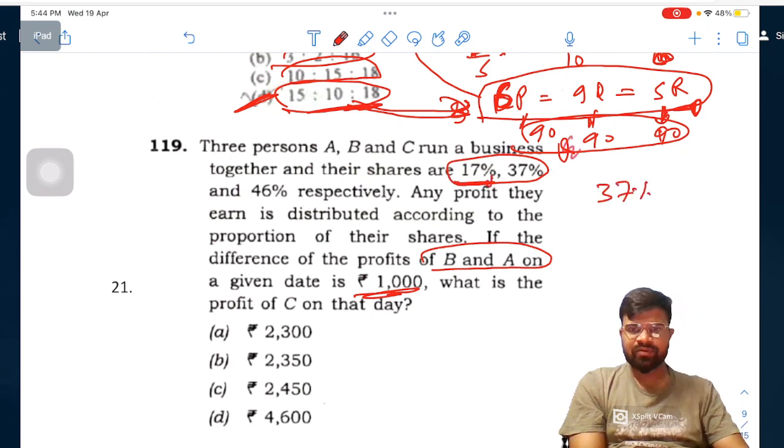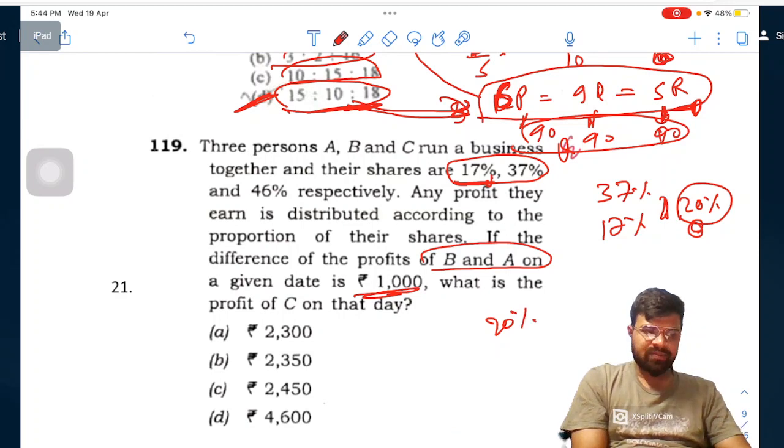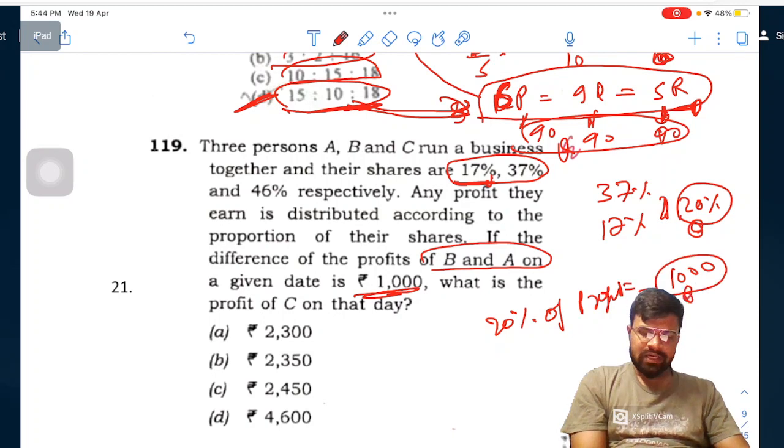B is getting 37% and A is getting 17%, so the difference is 20%. 20% of the profit is equal to 1000. That means profit is equal to 5000.